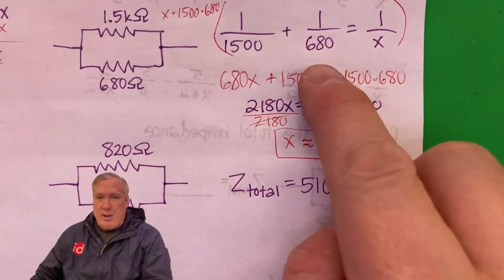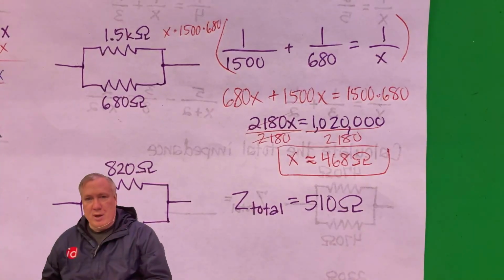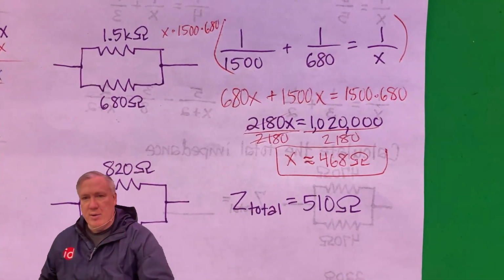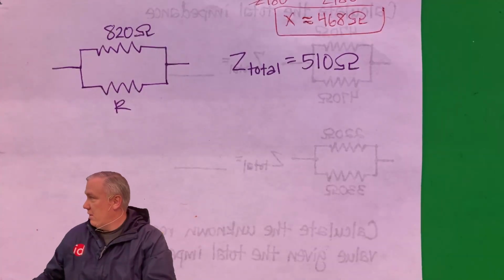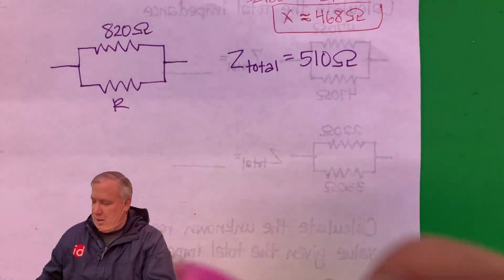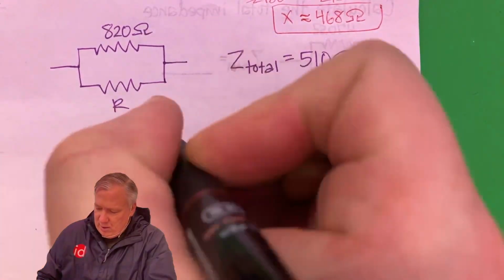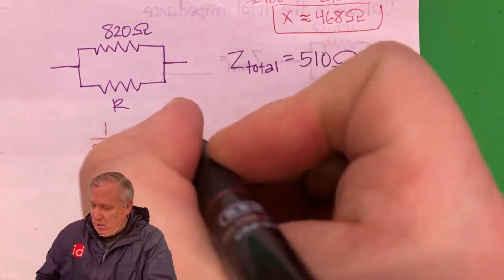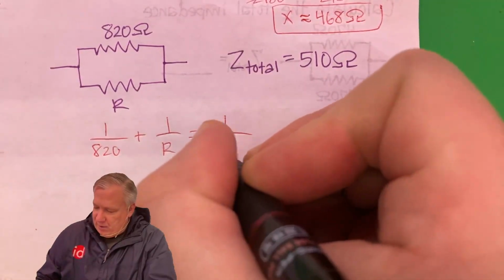So it's setting up the same equation. Yeah, we're dealing with bigger numbers now, but that's all we got. Okay. Lastly, I'm just going to walk through this here. And to set this one up, you just do 1 over 820 plus 1 over r is equal to 1 over my total, which is 510.